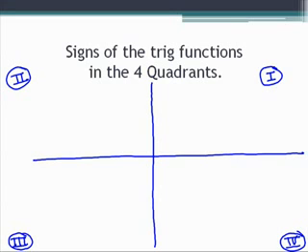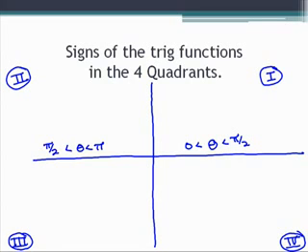In the first quadrant, any angle that we draw that has a terminal side in the first quadrant is going to be an angle that measures less than 90 degrees, or pi halves, and greater than 0. So 0 to 90 degrees, 0 to pi halves. In the second quadrant, our angles are in between pi halves and pi. So they're in between 90 and 180.